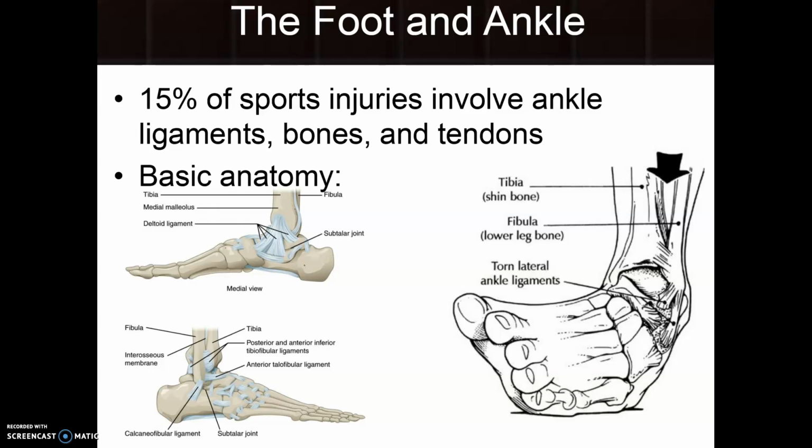The nice thing about these illustrations, they show the ligaments above on the medial ankle. That deltoid ligament is a very broad band of ligamentous structure with a lot of overlap. So it's a very strong ligament, holds the medial side of the ankle in place with some great efficiency.